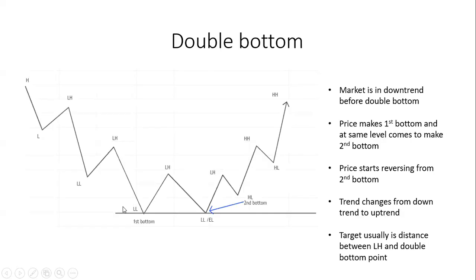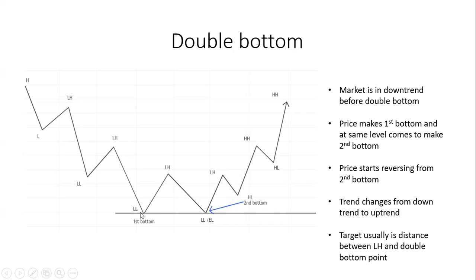So what happens in a double bottom? There is a downtrend. We can see here there is a downtrend. Now the stock or index follows the Dow theory of a downtrend. It has made a high, low, lower high, lower low, lower high, lower low, and then a lower high again, and now the stock comes to the same point as the first bottom.